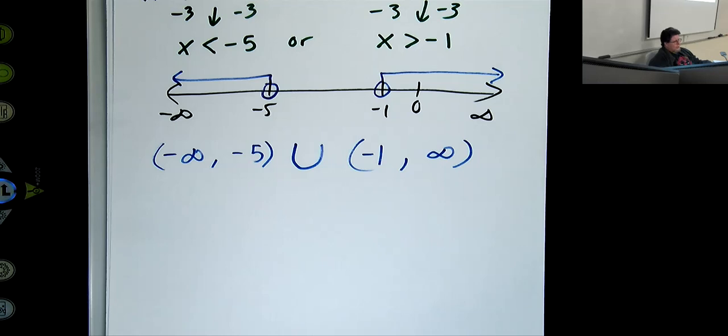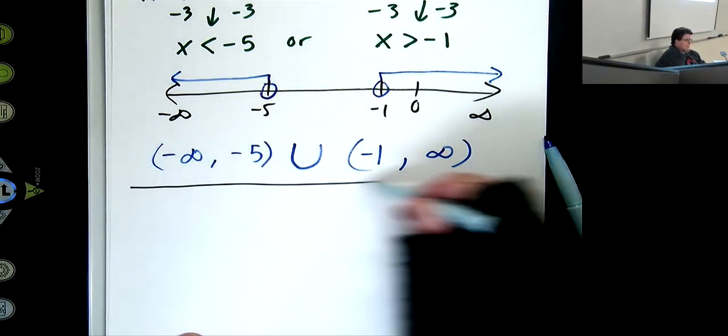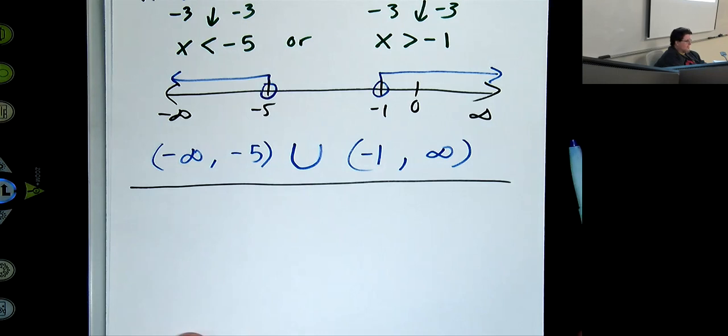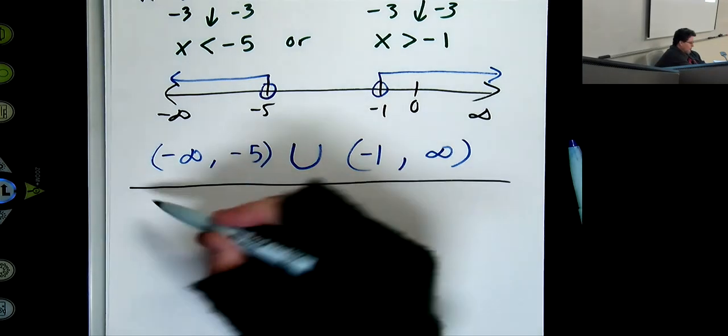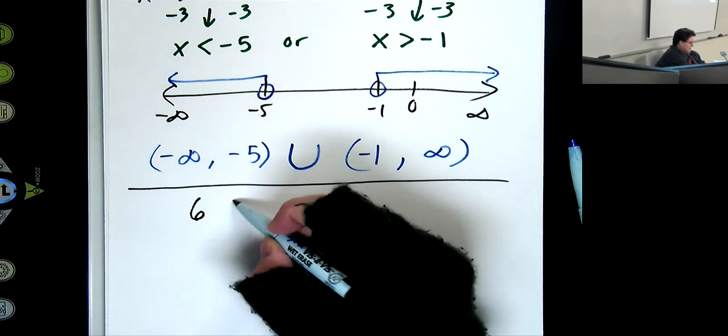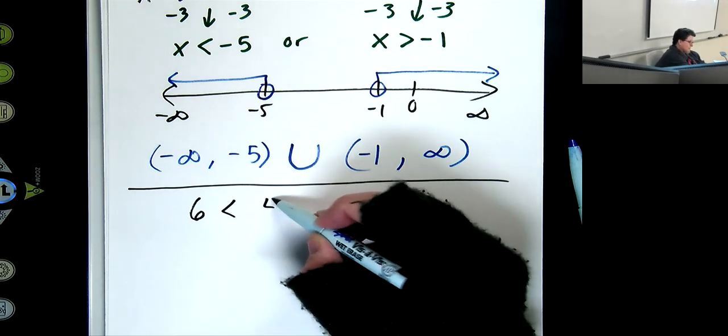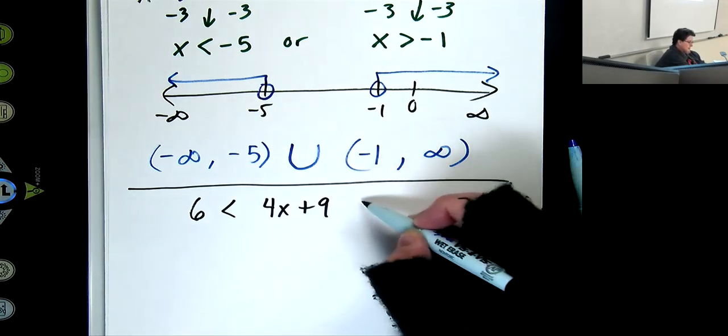I'm not sure why the book has this, and the homework might have it, a scenario where there's no solution. Maybe it's if you're trying to do something you just can't do, and you set up the equation anyways. Like you don't know that you can't do it, so you try. So if I had 6 is less than or equal to 4x plus 9 is less than 3.